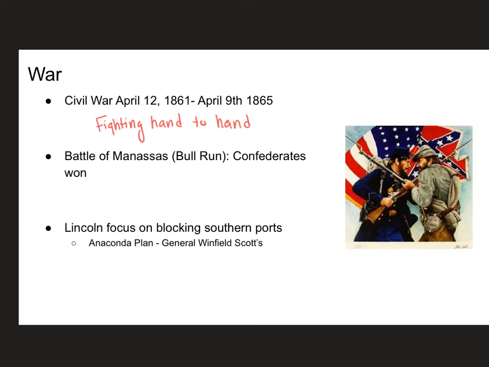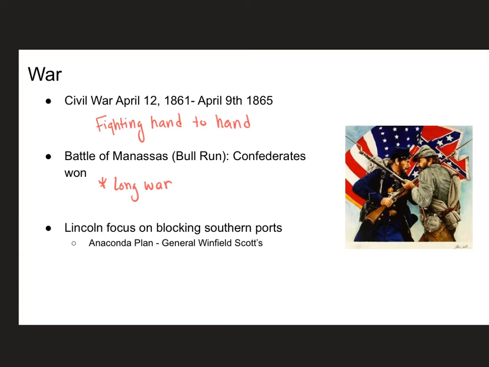In the Battle of Manassas, or Bull Run, the Confederates won. What this told us was that this was going to be a long war. Manassas isn't that far from here, and it just proved to us how long the war was going to be.